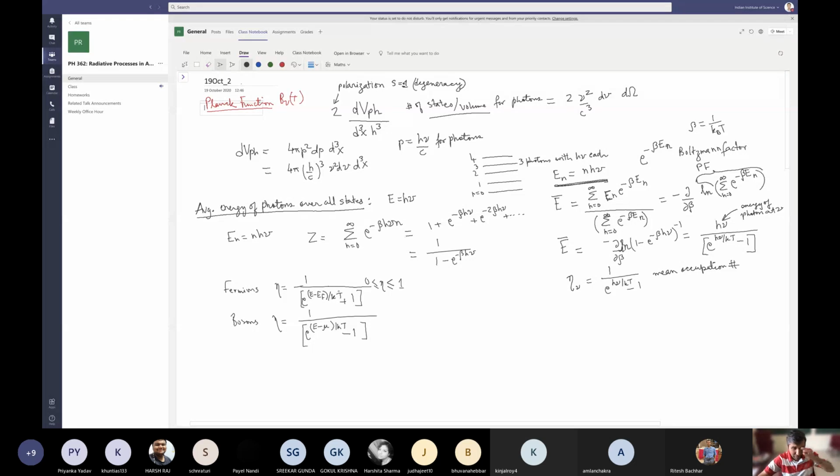Because fermions satisfy the Pauli exclusion principle, you cannot put more than one fermion in a single state, whereas bosons have no such restriction. So eta can be anything, right?